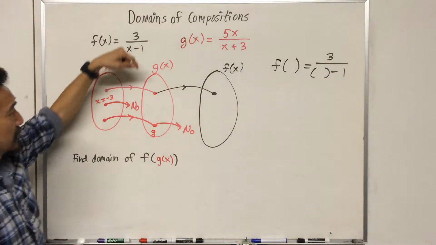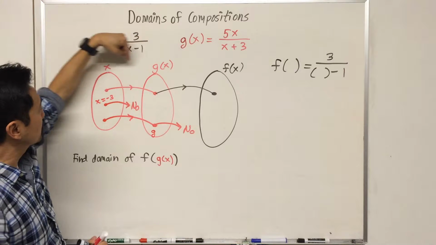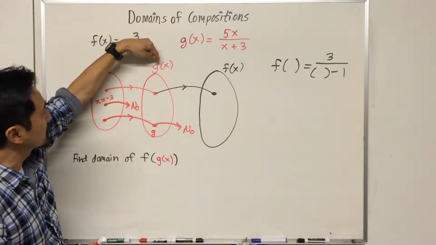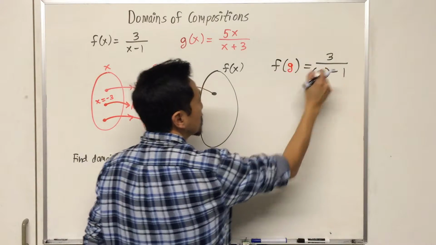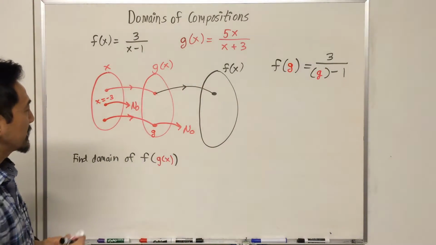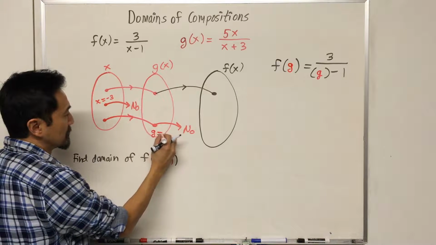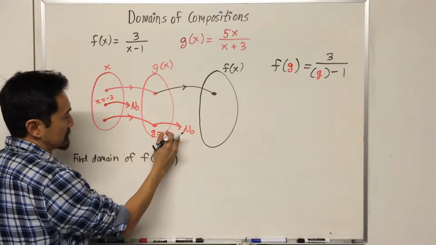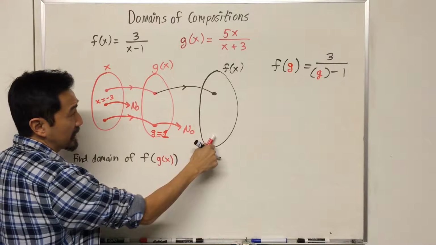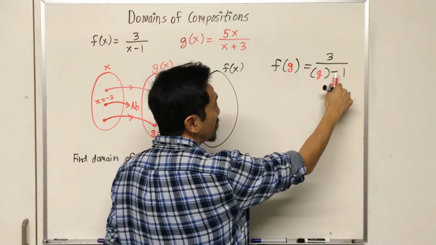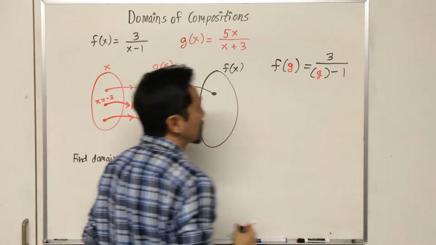But by the diagram, we need to remember that we're not plugging in directly x values, but we're plugging in the g's. So we see that a g value of 1 would not get you into f, because a g value of 1 would make that denominator 0.